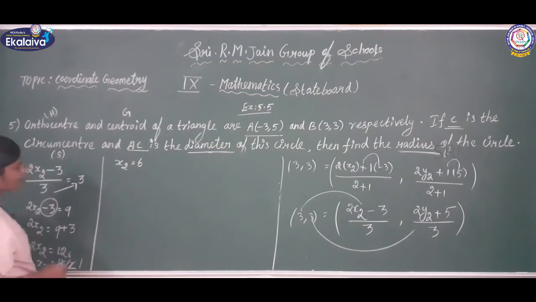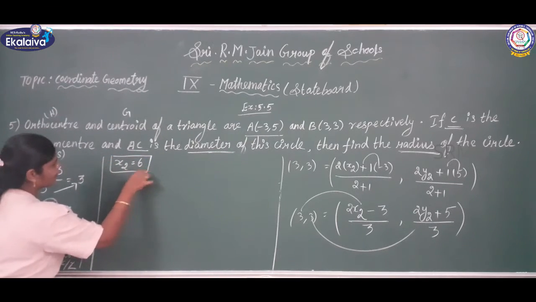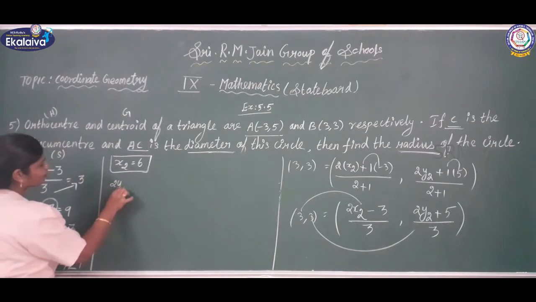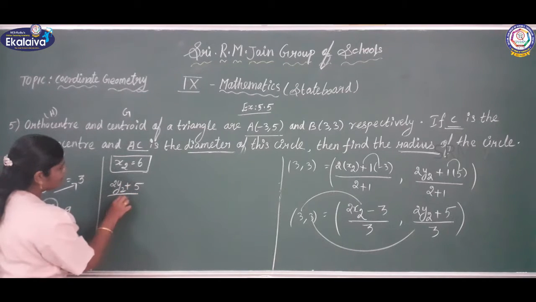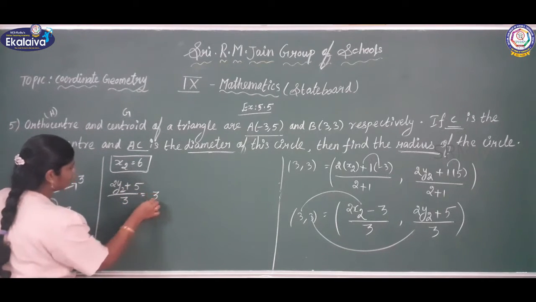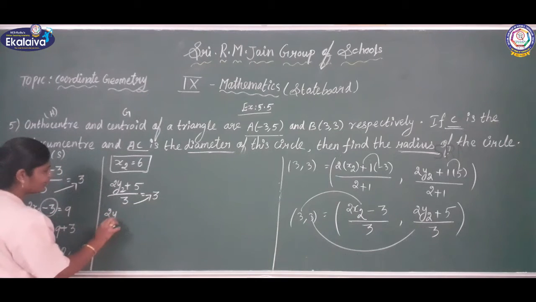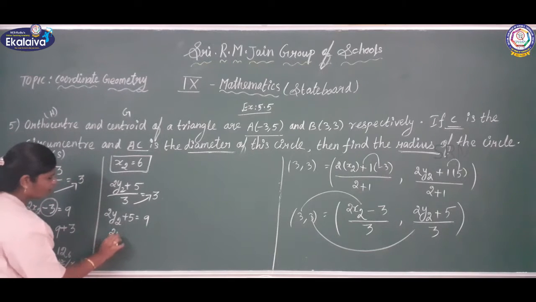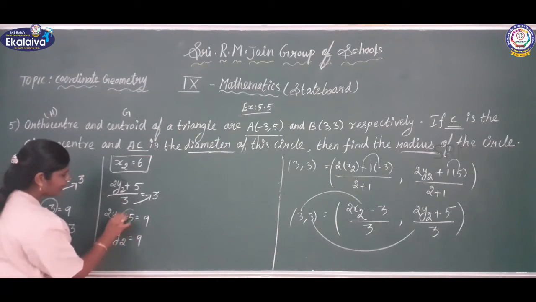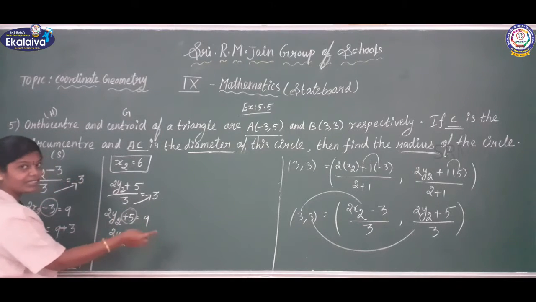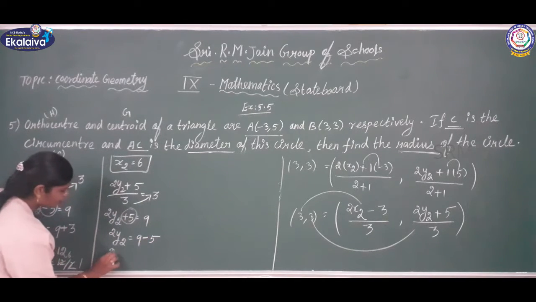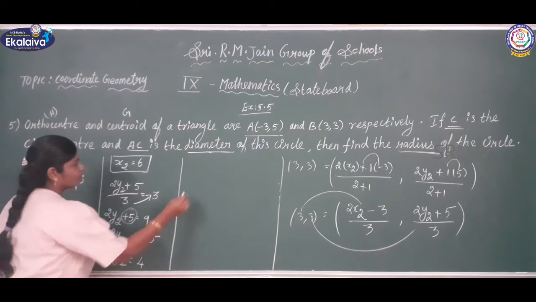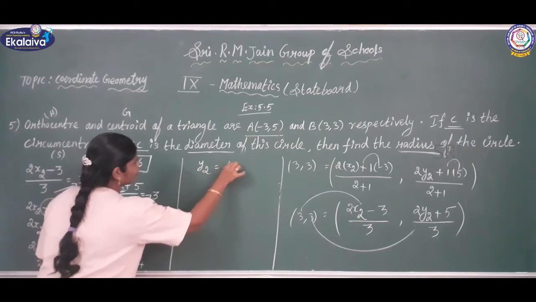So therefore x2 equal to 6. And next we need to find the y2 value. Just equate the y coordinates. 2y2 plus 5 divided by 3 equal to 3. Cross multiply this. 2y2 plus 5 equal to 3 3s are 9. 2y2 equal to 9 minus 5, 4. y2 equal to 4 by 2.